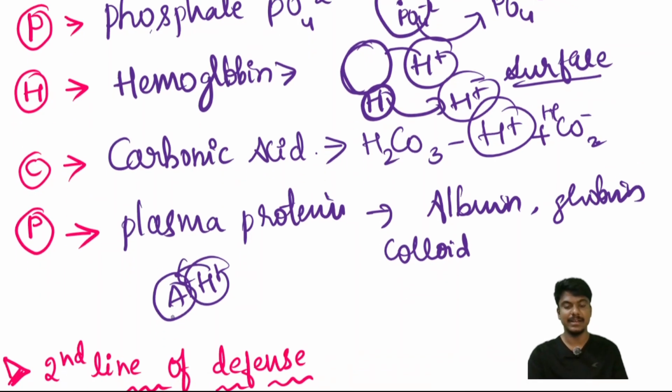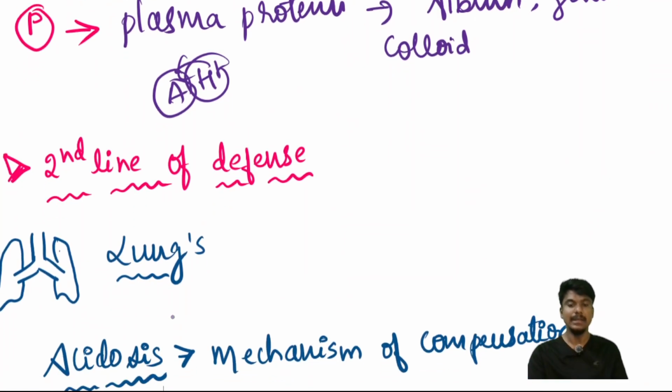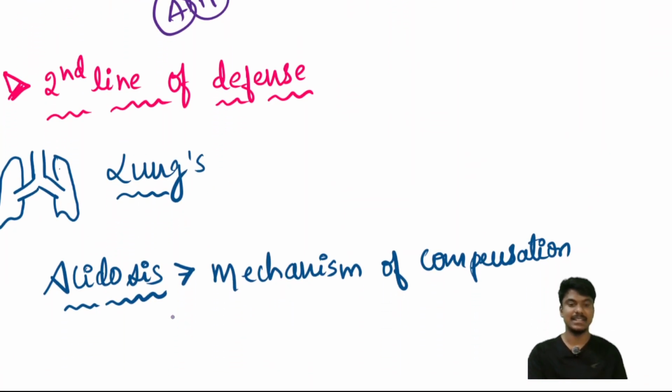Now moving to the second defense mechanism. What is the second mechanism? Defense mechanism will be lungs. Let's see how the lungs are going to respond to alterations in the pH levels.